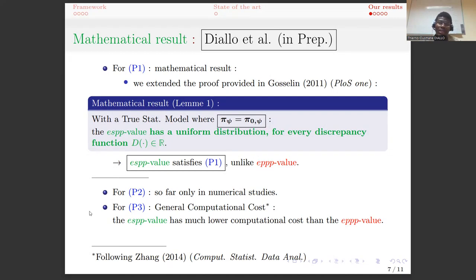For P3, we calculated the general computational cost of the EPPP-value and the ESPP-value, and we found that the ESPP-value has a much lower computational cost than the EPPP-value.